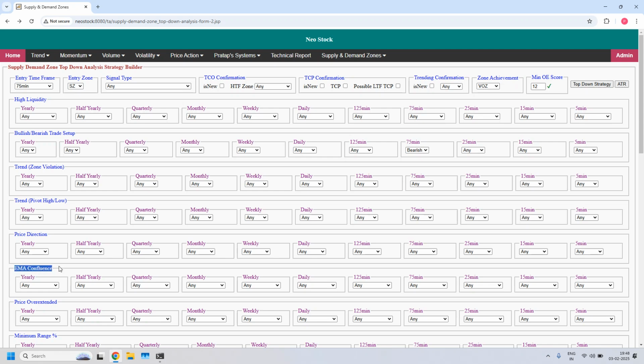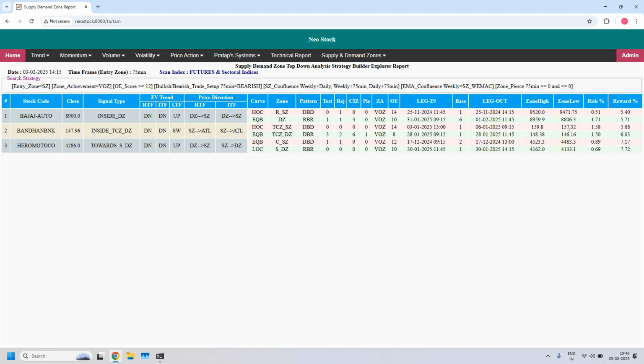In the EMA confluence, weekly time frame, weekly supply zone having weekly EMA confluence filter is enabled. With this filter, we got 3 stocks. These 3 are having even more high probability. Okay, this is about weekly income trade, bearish trade setup.